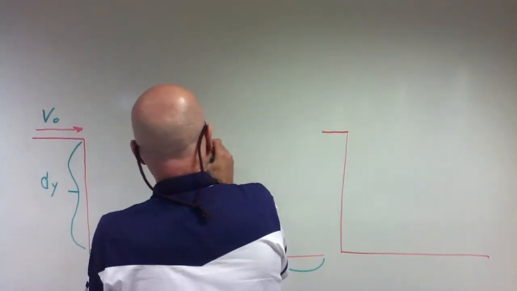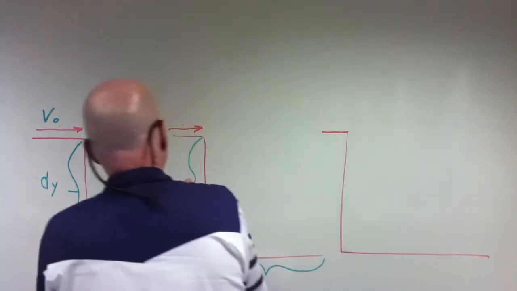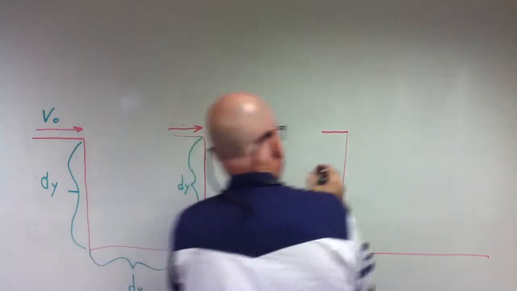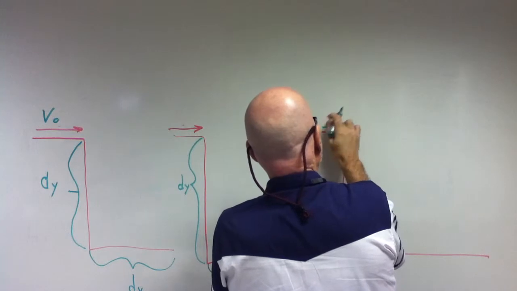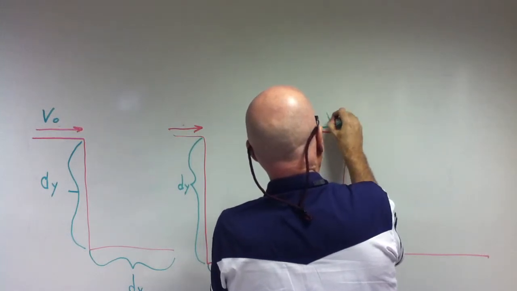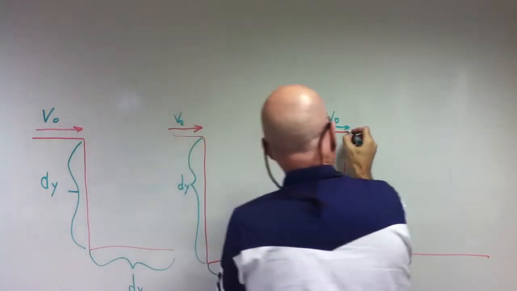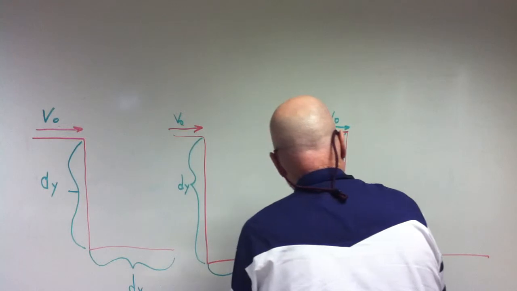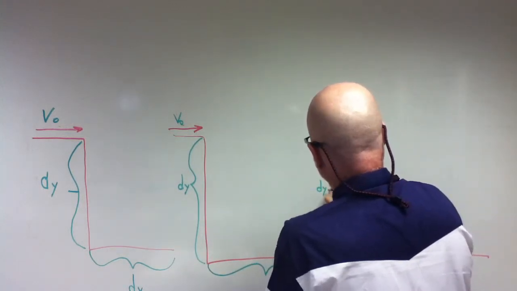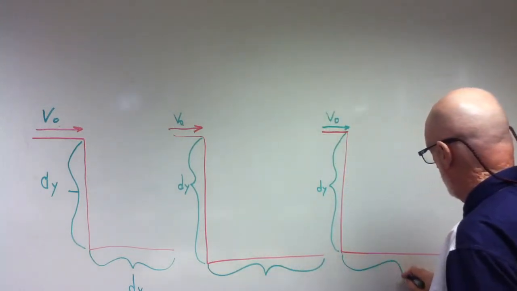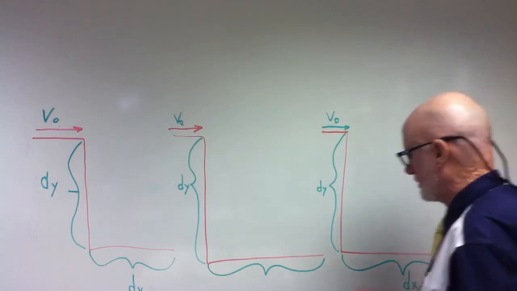Fairly basic stuff. This is dy, and this is V naught, and then this is dy, and then dx.